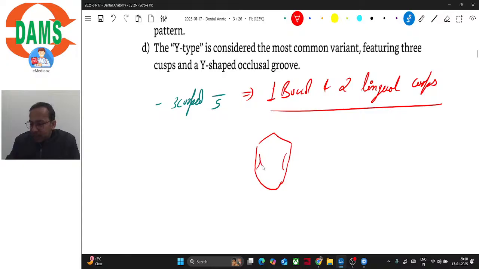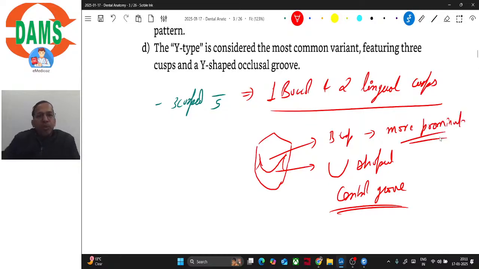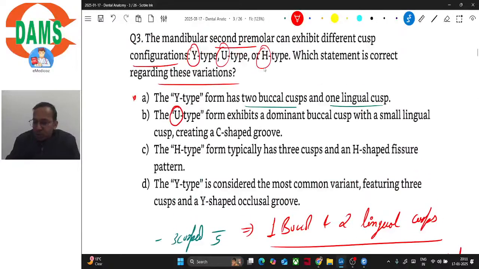Let's say these are the marginal ridges and the central groove. This is more or less a U-shaped central groove. The buccal cusp is more prominent as compared to the lingual cusp. So option B is also incorrect.